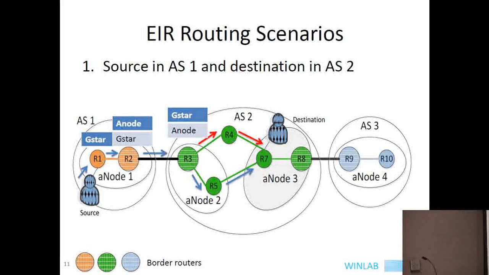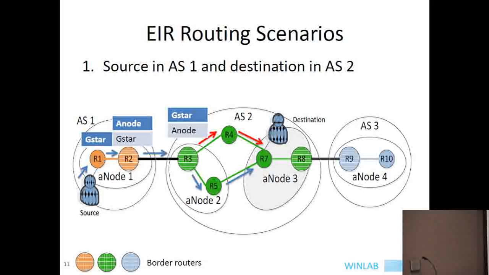So this is the one where AS2 is a transit AS, but it receives some data which is destined for a destination within itself. So the source generates a packet. It goes to the router it's directly connected to. G star is the intra-domain routing, which I'll explain briefly. So R1 would look through its G star and find the default border router, which in this case is R2; the border routers are marked as such.